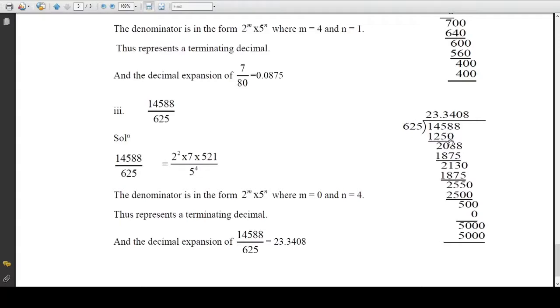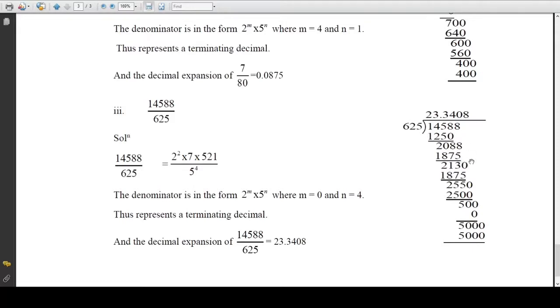Subtracting, you will get 208. Then you drop down 8. Then 625 multiply 3 is 1875. Then you will be remaining with 213. You go decimal, it will be 2130. You go with 3, it will be again 1875. Then the remainder will be 255.